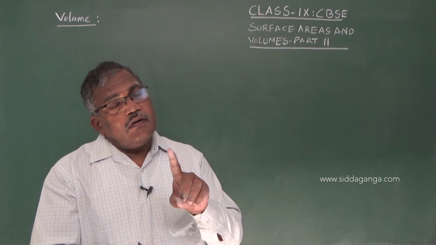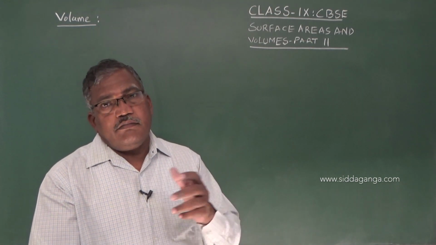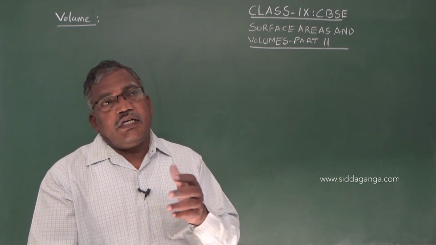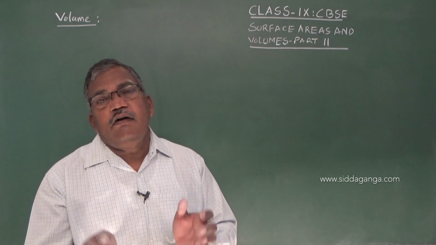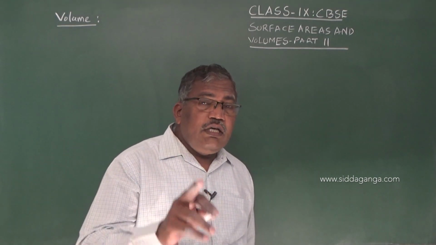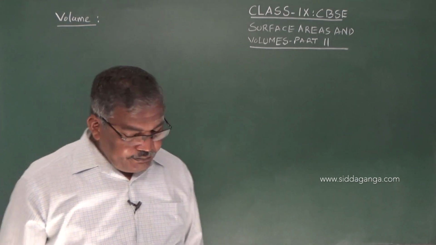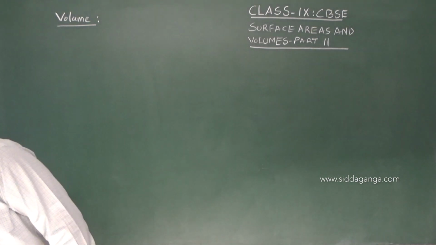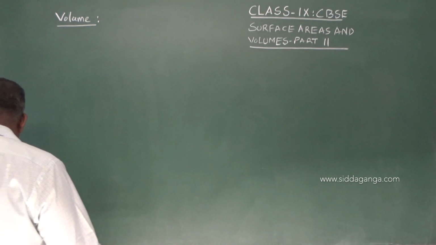If it is hollow and the hollow portion will be filled with some liquid or air, we call it as a capacity of that vessel or container or object. So this is the key difference between volume and the capacity to hold a material. So we'll have some definition for this.